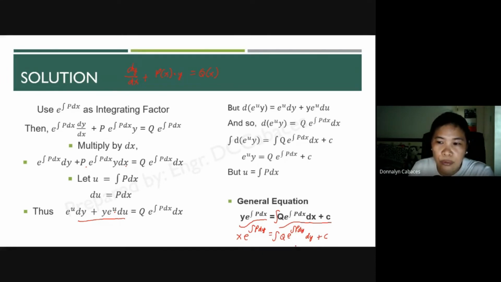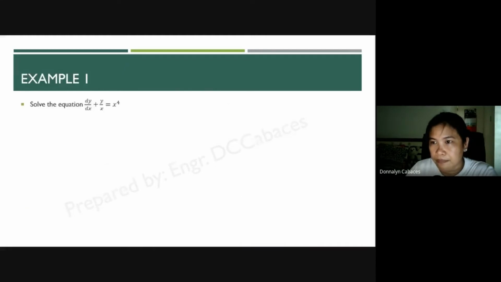So for you to understand the method of solution for linear DE, let me give you the next slide for the first example. Solve the equation: derivative of y with respect to x plus y over x is equal to x to the fourth.